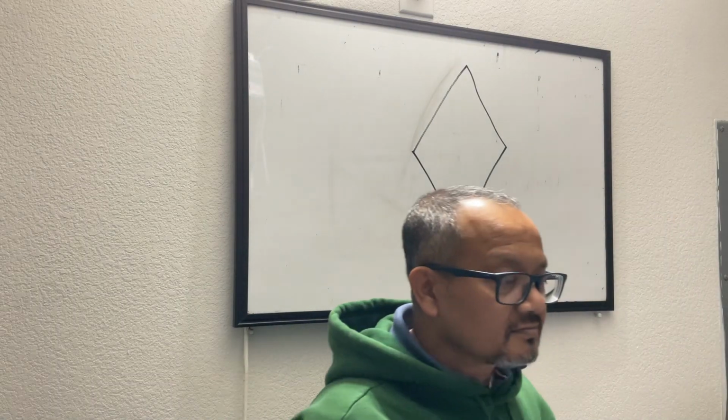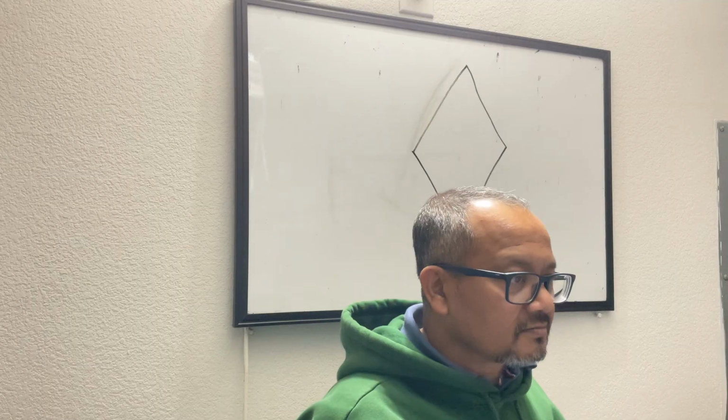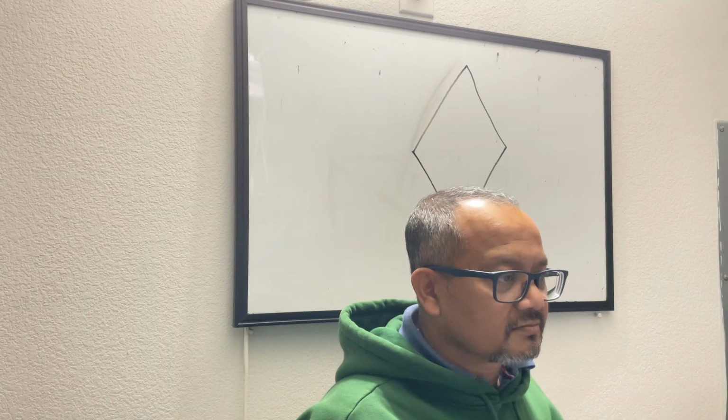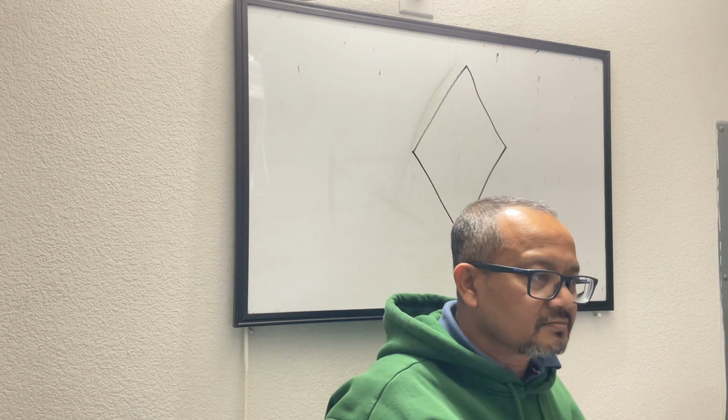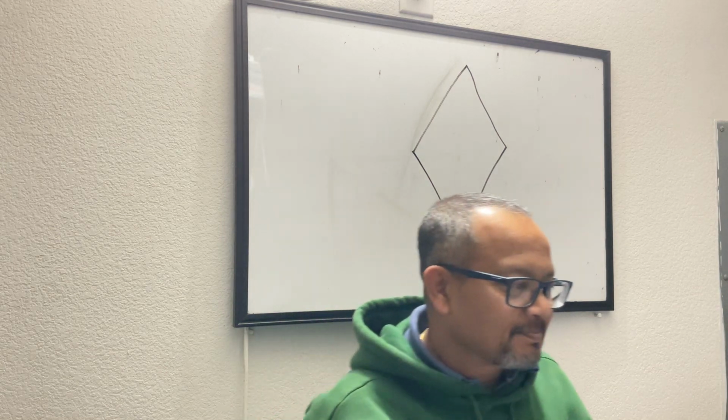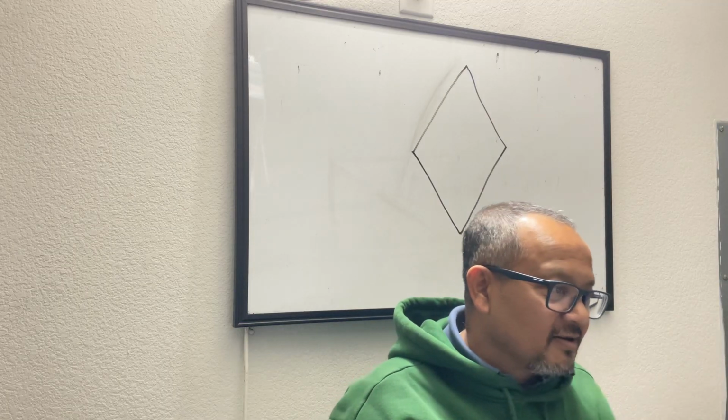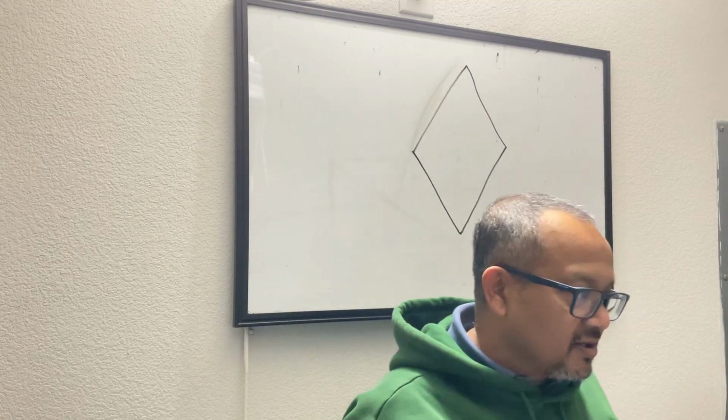Rhombus is like what you draw on the board, but if you turn it a little, it looks like a square. It's a diamond. But by turning it, it will not become a square.